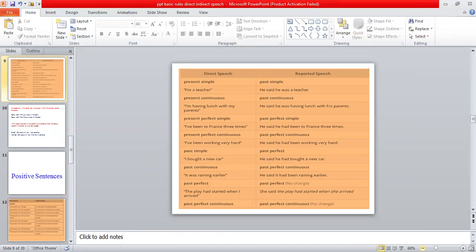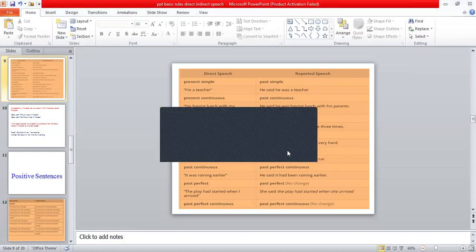The whole chart is available over here. Using this chart, you can easily change your sentences from direct to indirect speech. It is going to be very helpful for students in changing direct to reported speech and the tenses as well.